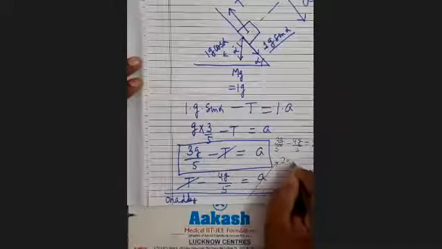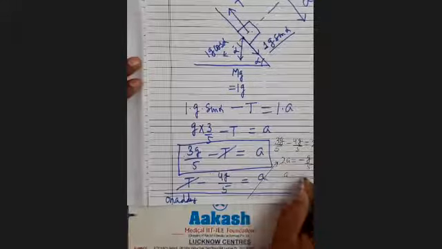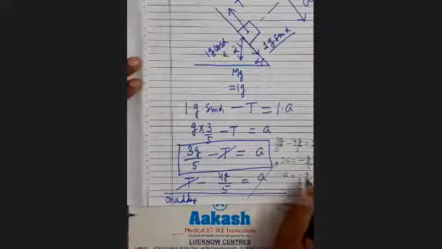Means 2A equals minus g upon 5. That is A equals minus g upon 10.